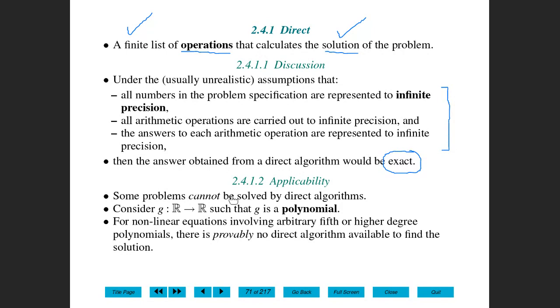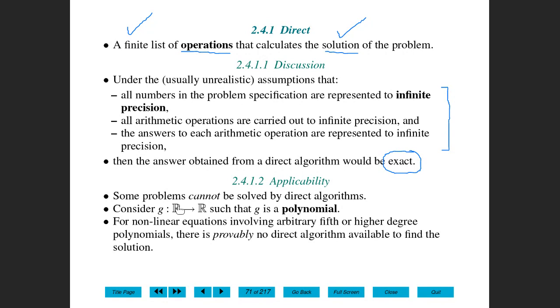And some problems cannot be solved by direct algorithms. Sometimes, let's say if you have integers, you can apply a direct algorithm. For example, if a is 4 and b is 3, yes, you can add them and get your answer. But there are many problems which cannot be solved by these kinds of algorithms.